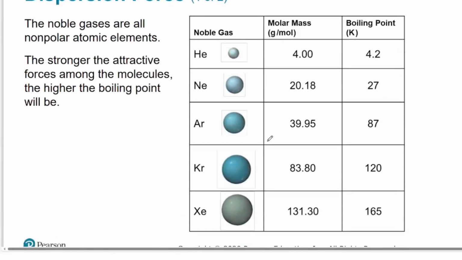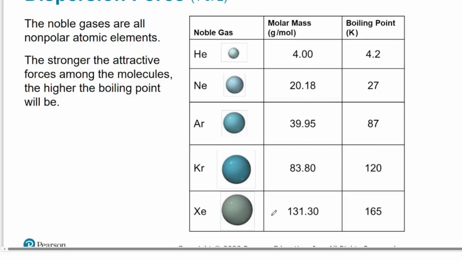Okay, so we can see that demonstrated here with comparing the noble gases. These noble gases are not particularly electronegative. They don't have any other real factors holding them together. But we see that the increase in molar mass, which increases the electron cloud because we have an increase in the protons in the nucleus, we have an increase in the electron cloud to balance that out.